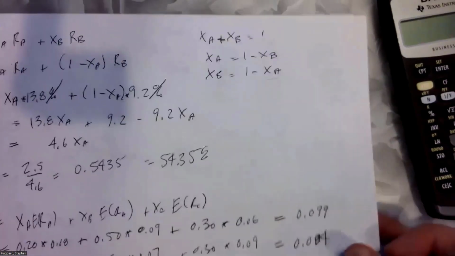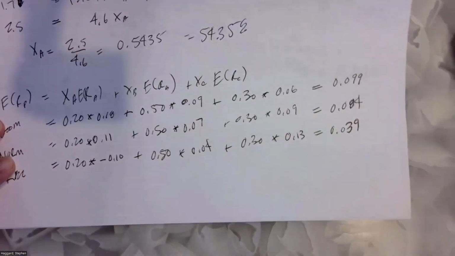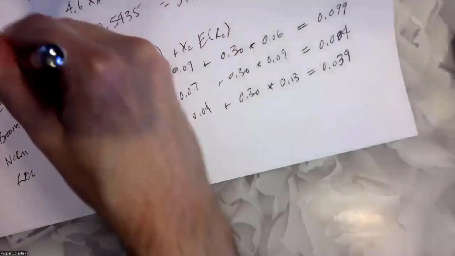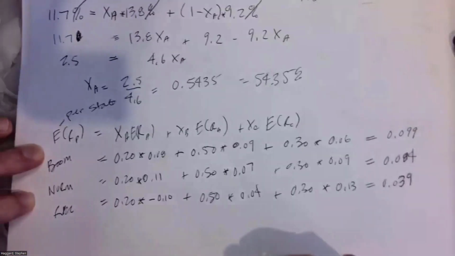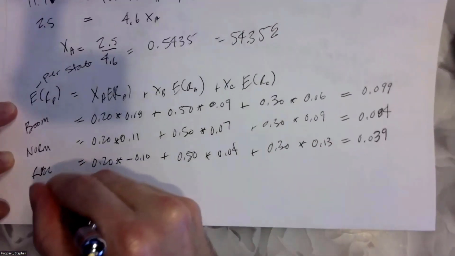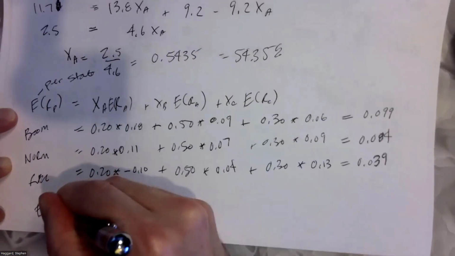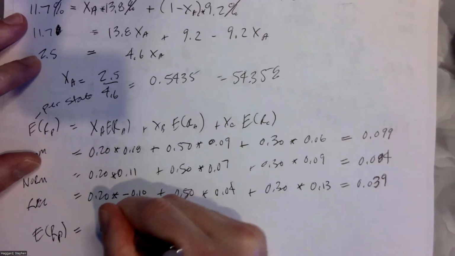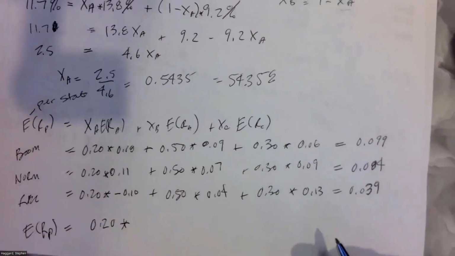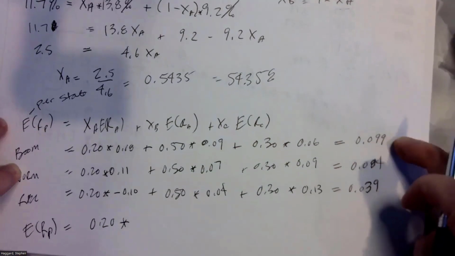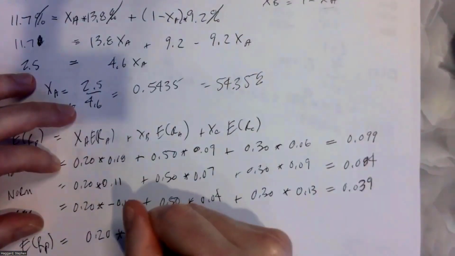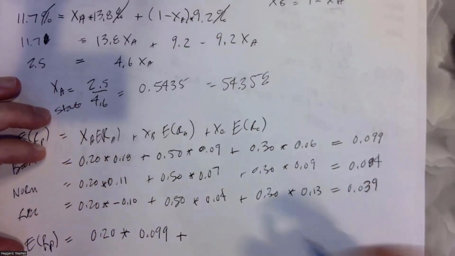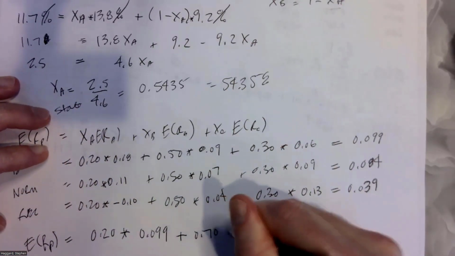Okay, now we went through all of that. How then would I find the expected return for the portfolio? For overall, this is per state. I'm going to go expected return of the portfolio is equal to the probability of the boom 0.20 times the expected return in a boom 0.099 plus what's the probability of a recession or of normal is 70%.